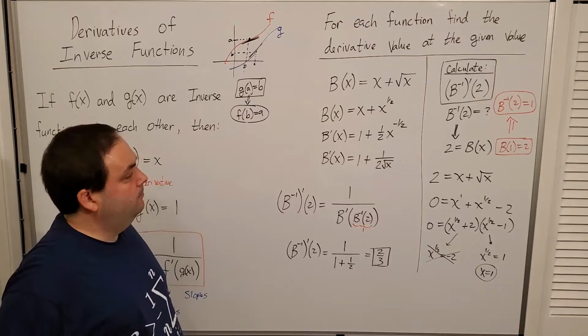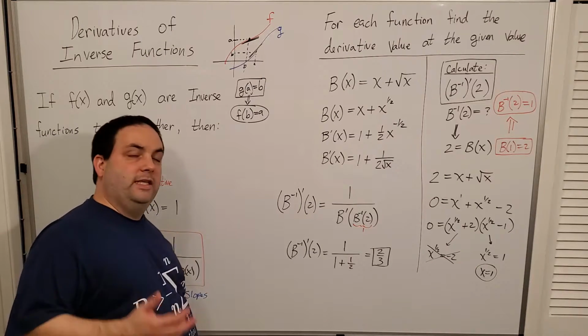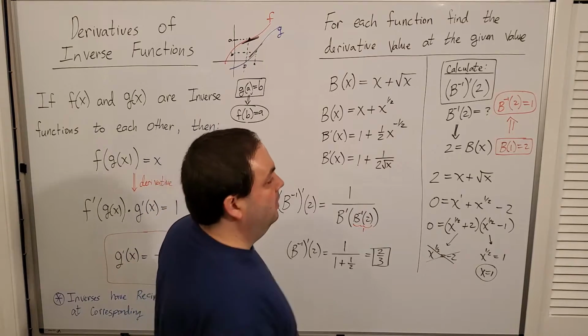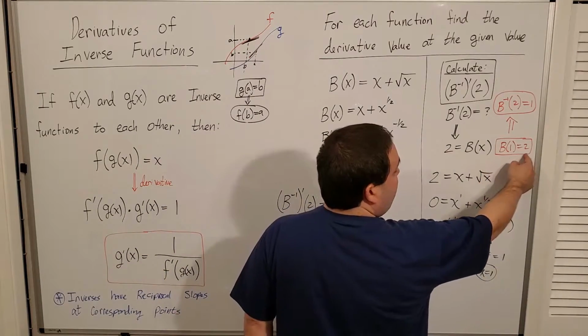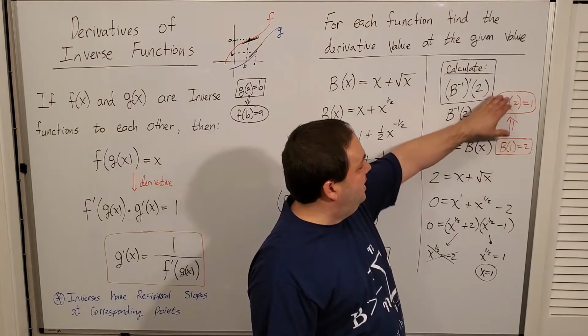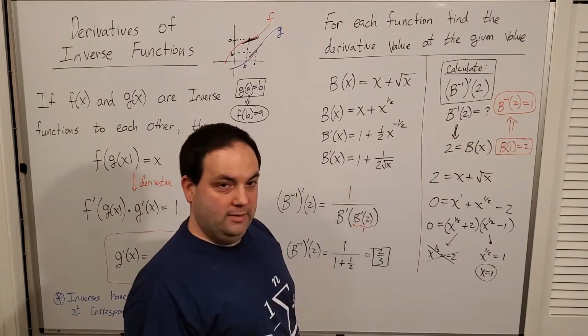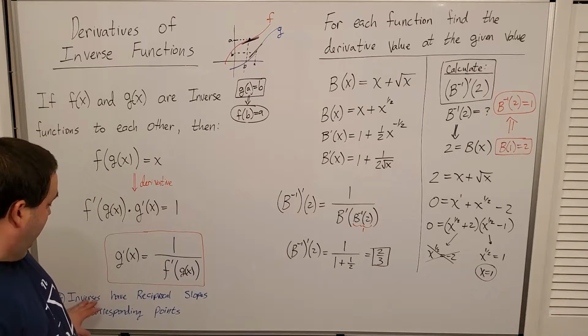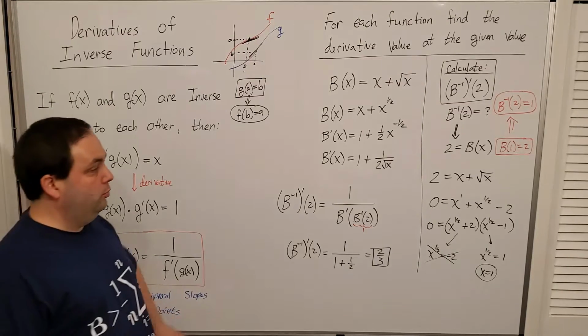Now, of course, the other way to look at this is I could have just figured out that b of 1 is 2 corresponds to b inverse of 2 equals 1. And remember, for corresponding points, inverse functions have reciprocal slopes.